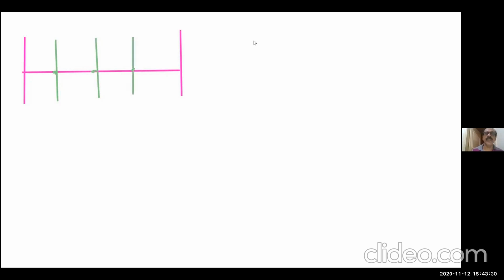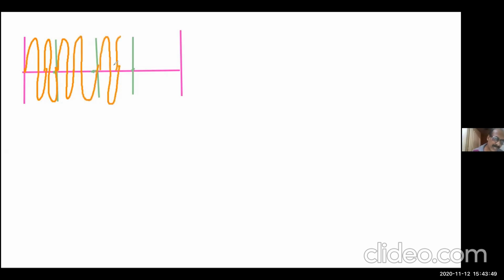This is the wave. 2 waves I'm accommodating in one segment. Here, 1 wave, again 1 wave. So 2, 1 wave, second wave. 4, 1 wave, second wave. 6, 1 wave, second wave. So total 8 hertz. From this source producing 8 hertz, imagine.